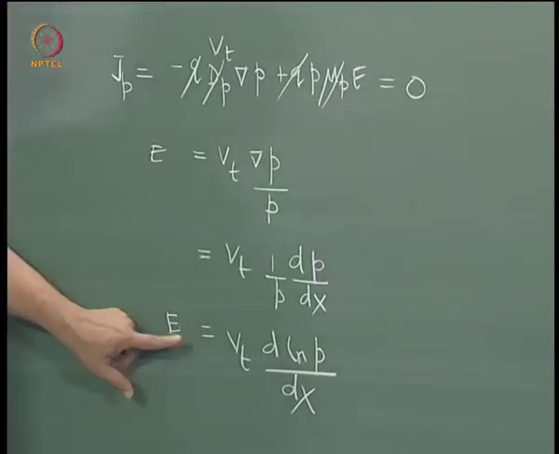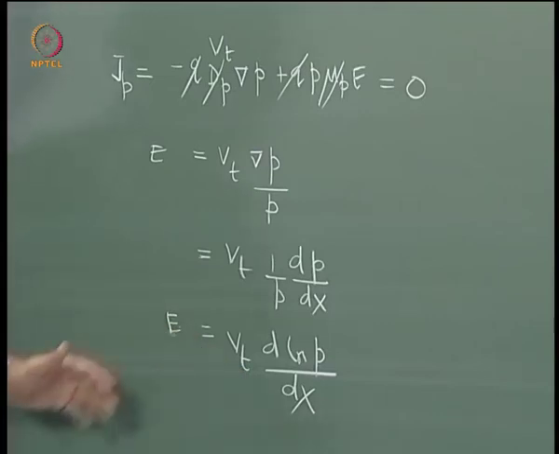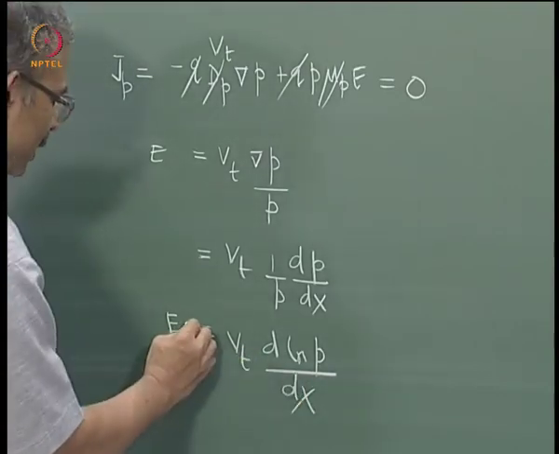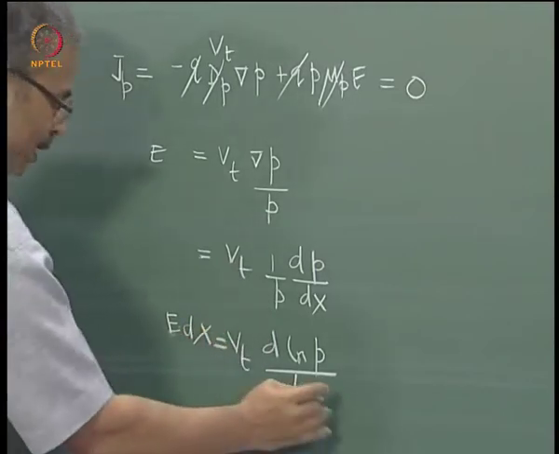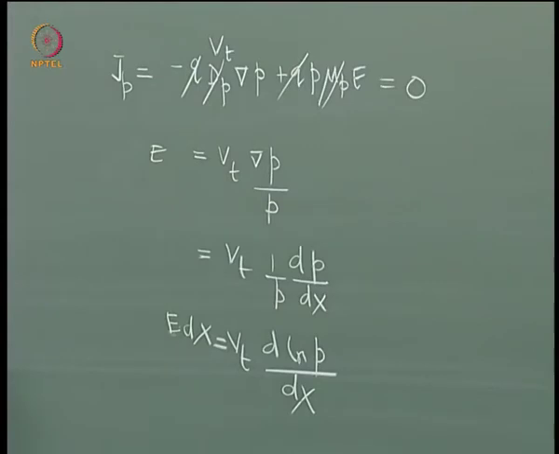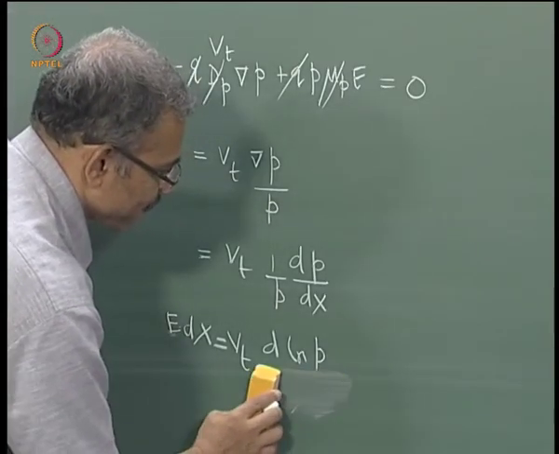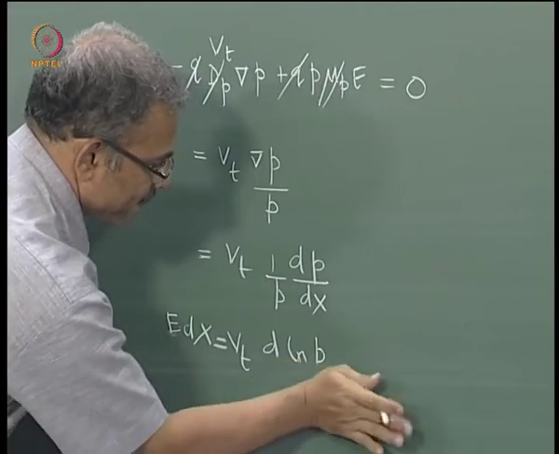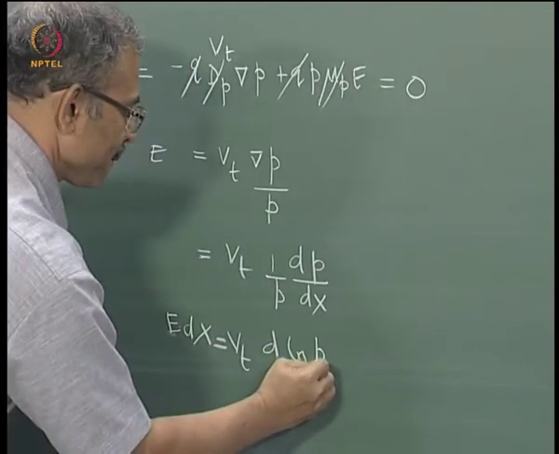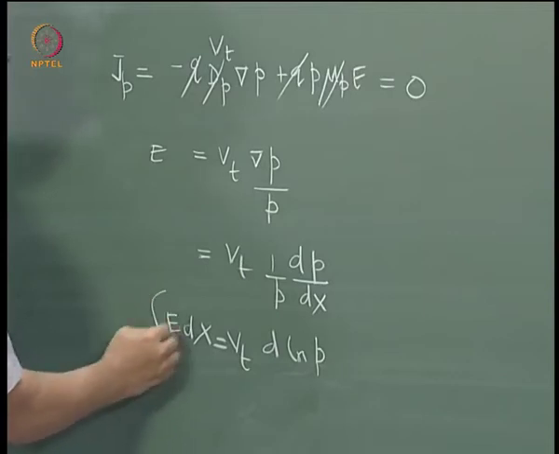electric field is equal to this, and this is what you are integrating. Now you can put the dx on the left hand side, remove it from there, and you can now integrate.